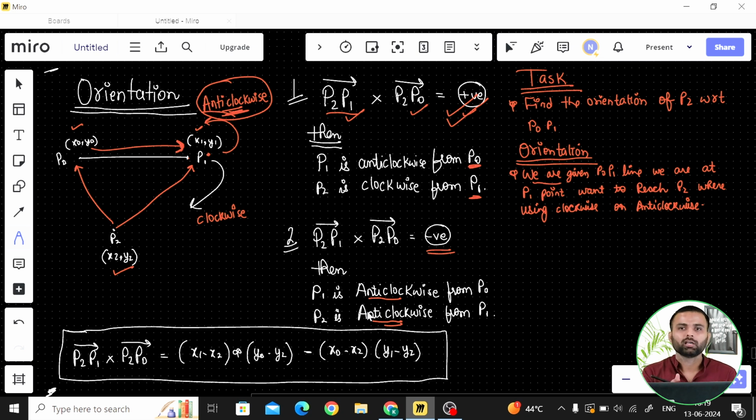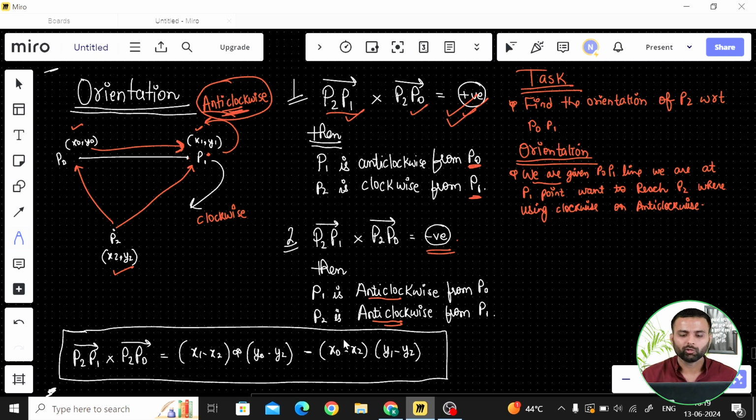If your line segment is this and you are calculating a point, for example P2, then this point and your upward point are both in the same direction, both anti-clockwise or clockwise. It means they lie in the down part or in the up part, and that means they need not intersect. So in that case, negative means it does not intersect. I hope you understand this point.